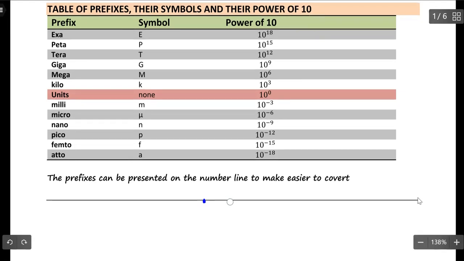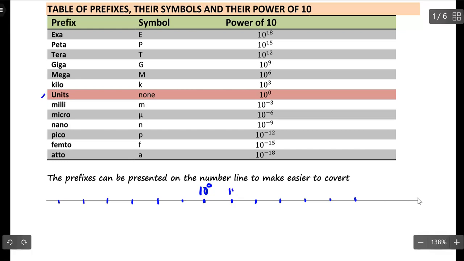So this will be 10 to the negative 3, 10 to the negative 6, 10 to the negative 9, 12, 15, 18. And this will be 3, 6, 9, 12, 15, 18. Okay, so I will write in here my 10 to the 0, right in the middle.